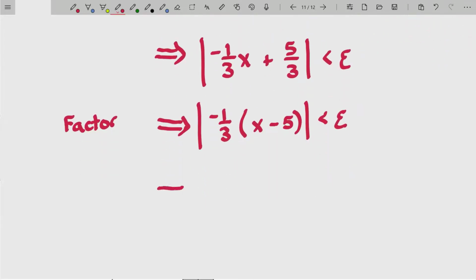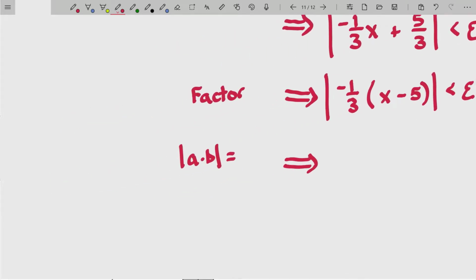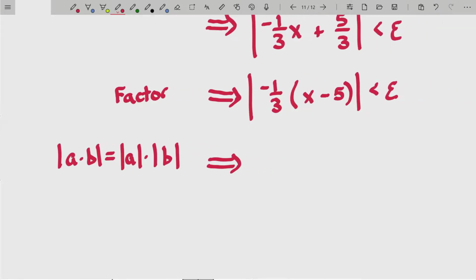Now, this one I'll take a little extra step just to showcase what I'm thinking. You should know that the absolute value of a times b is the same thing as the absolute value of a times the absolute value of b. That is true.